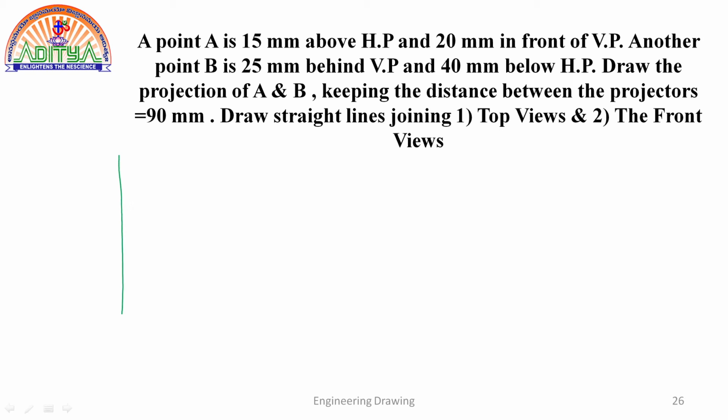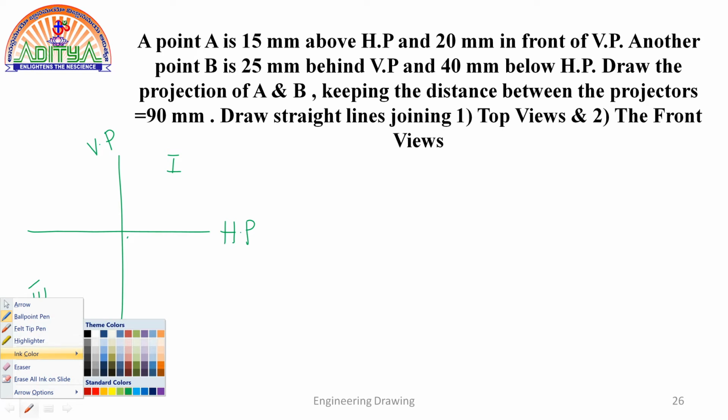Further, as we are drawing, I will draw both horizontal plane and vertical plane. First of all, identify point A, as it is in first quadrant and B is in third quadrant. Now we will locate the points in first quadrant and third quadrant.